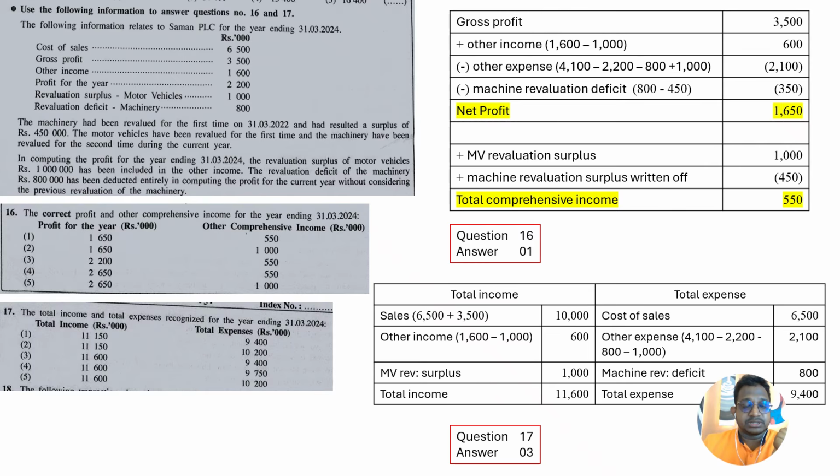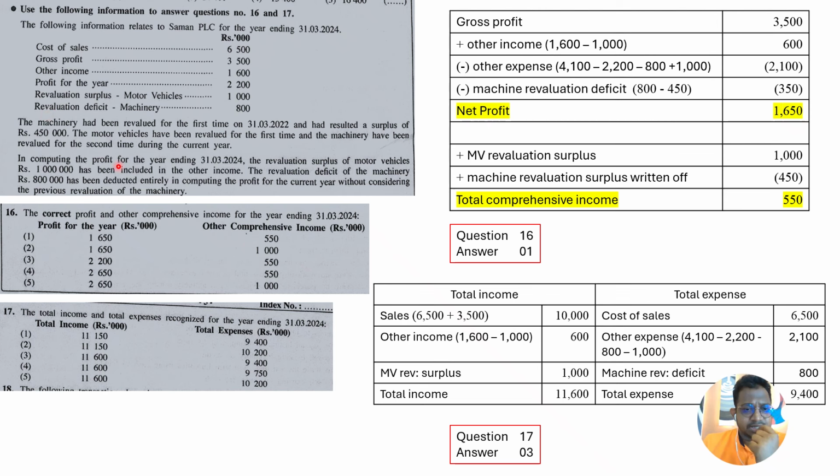And from 16 and 17, they are asking the question from this case study. They're asking the profit for the year and the other components: other income, total income and total expenses. So here, first of all, they have given the gross profit and other income, it says 1,600.